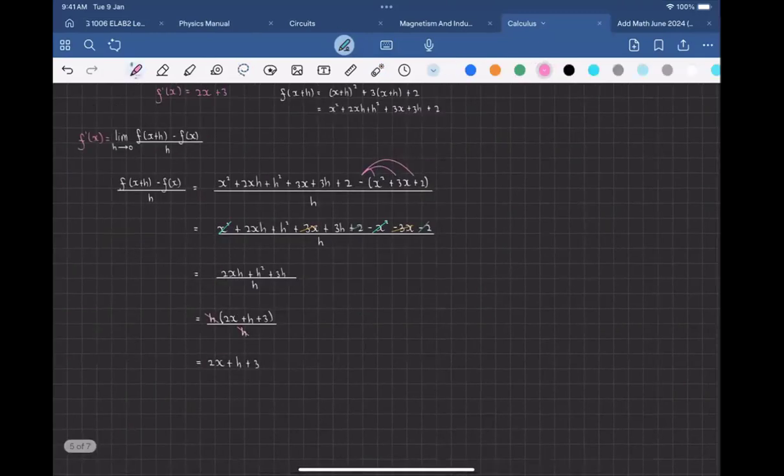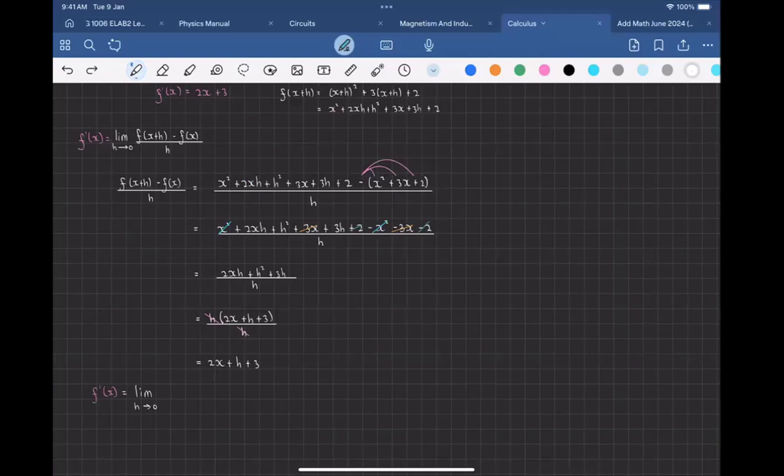So if I want to find the first derivative, which is f prime x, I need to take the limit. This would be equal to the limit as h approaches 0, and we already simplified.